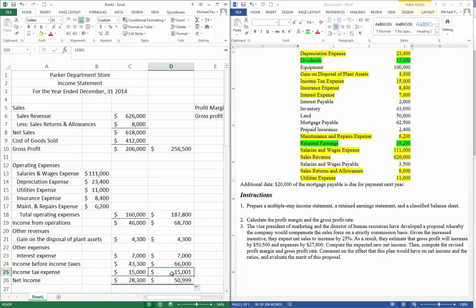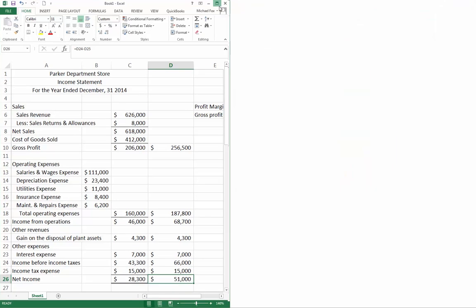Whoops, look at that, it did some weird stuff here. So that could be one way I go about doing this. I think that's the hardest way, but I just wanted to show it to you as an option.